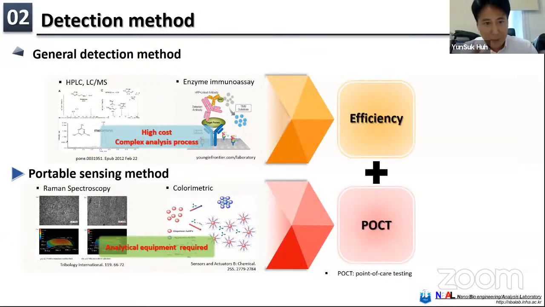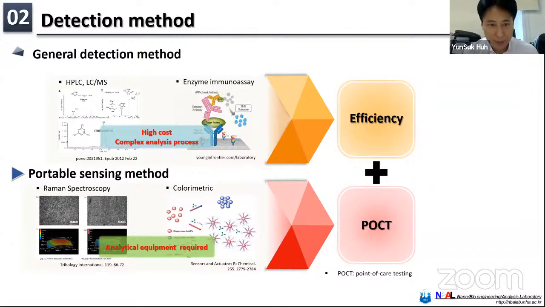You can look at the comparative table of the general detection technique and portable sensing techniques. I want to combine the benefits of both. The general detection technique gives you more sensitivity, but it takes so much time, so we can obtain a more highly sensitive signal.